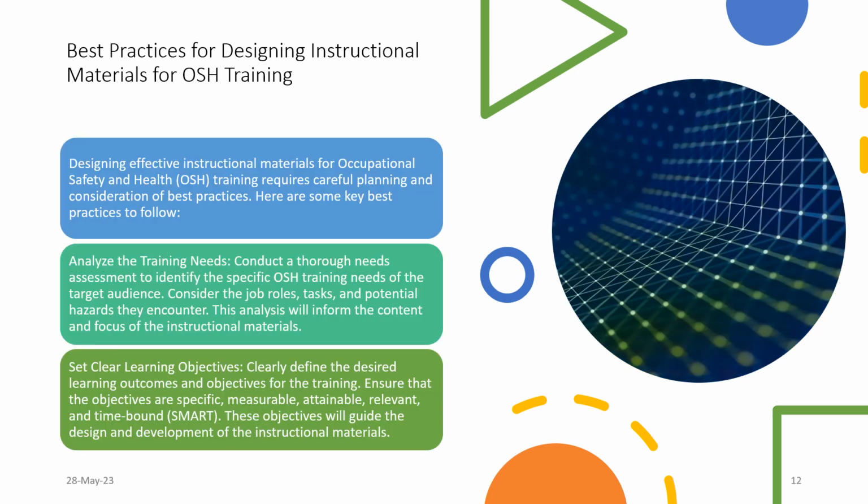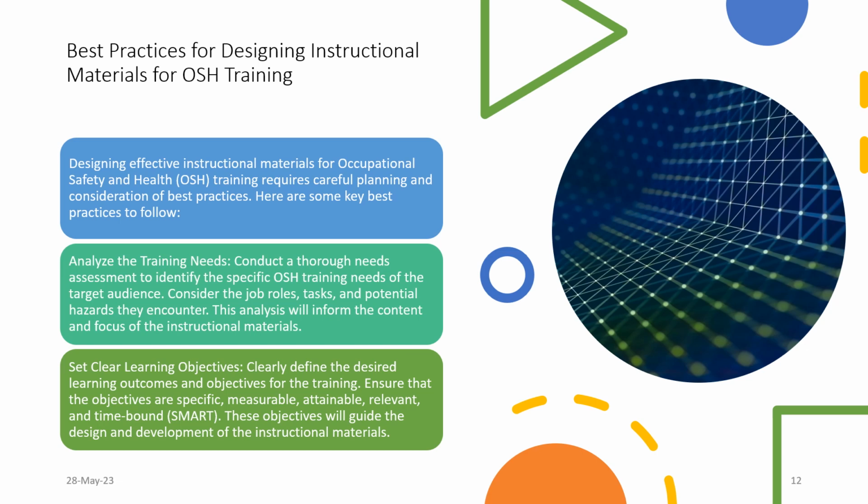So, here are some key best practices to follow. You need to analyze your training needs from time to time, like conducting a thorough needs assessment to identify the specific OSH training needs for the target audience. Consider the job roles and tasks and what changes happen from time to time.